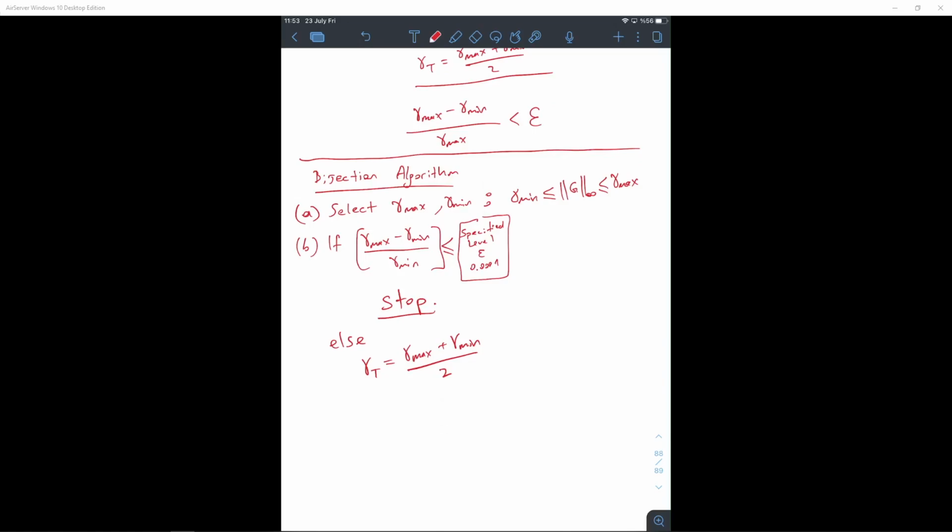Test by solving, or by checking, the feasibility.